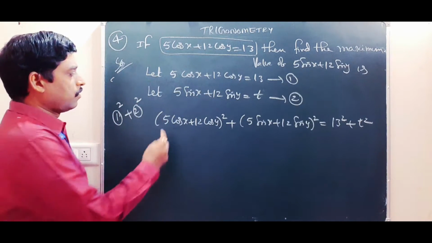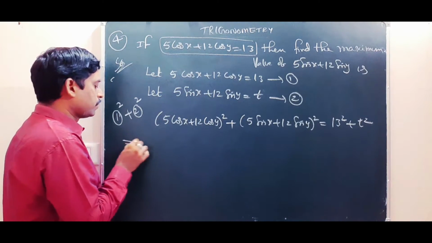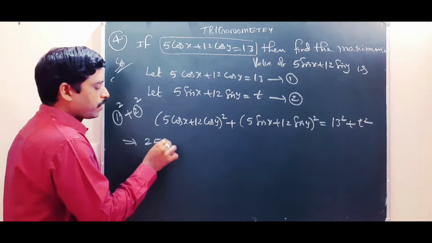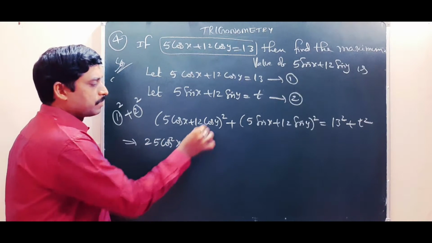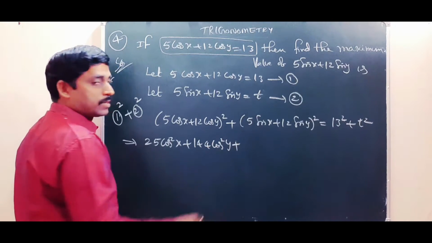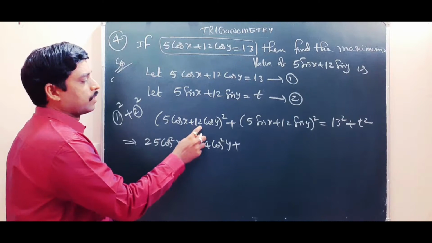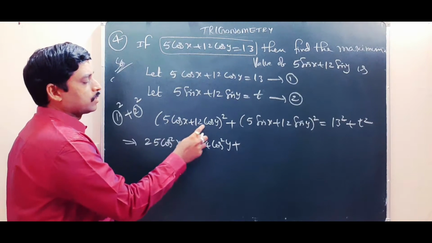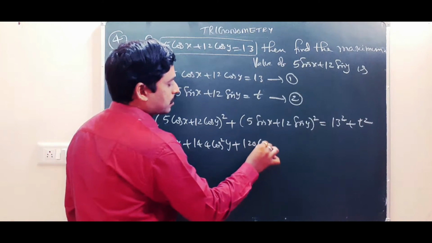Now by using the (a plus b) whole square formula, a square 25 cos square x plus b square 144 cos square y plus 2ab, 2 into 5 into 12, 120 cos x cos y.